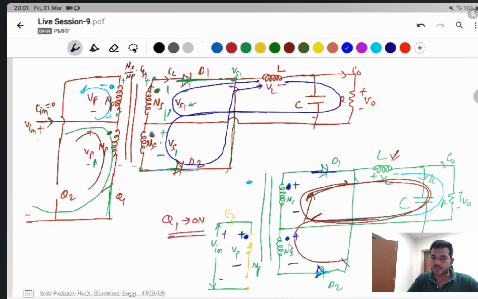That's why the secondary side voltages are also the same. If we apply KVL here, the voltage will be 0 from minus to plus. If current flows like that, this one will be positive, this one negative. But the current flows here like that, then this one is positive, this one negative. If you apply KVL, the secondary side voltage will be 0. The primary side voltage is also 0 because both switches are open. That's why the secondary side should be balanced.